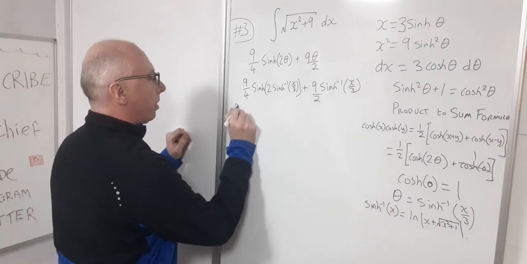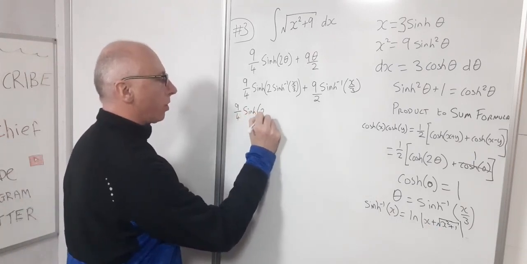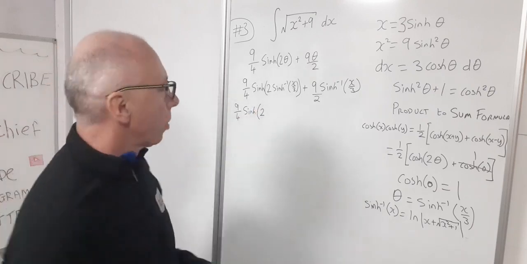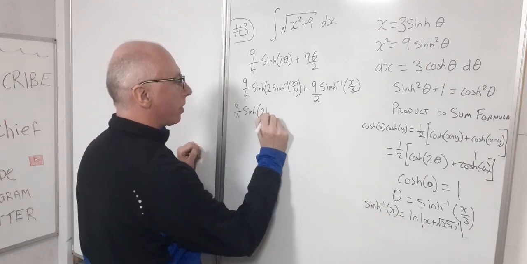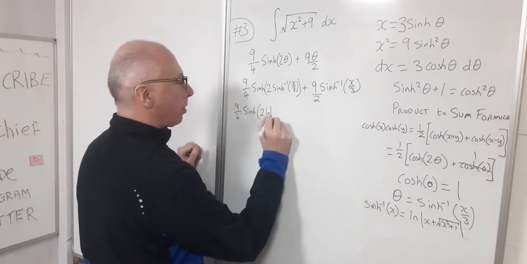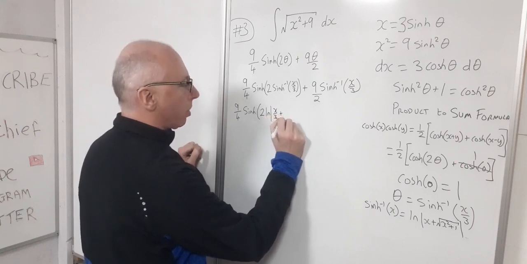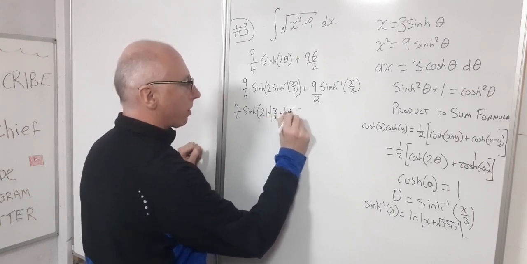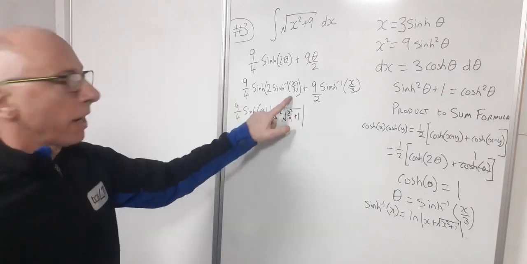Now I've got 9 over 4 sinh of 2 times this logarithm, but with x over 3 as my input. So 2 times the natural log of the absolute value of x over 3 plus square root of x squared over 9 plus 1.